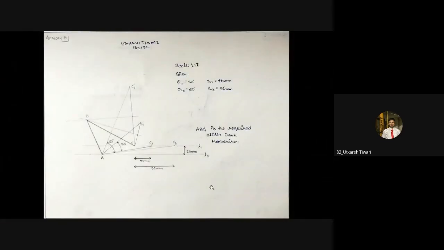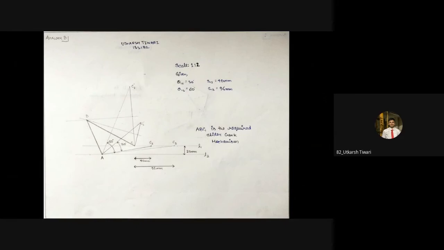First, we have to draw two parallel lines L1 and L2, 20 millimeters apart. Here in this sketch, I have chosen a scale of 1:2 so that the drawing can be done in my sheet easily. Then we have to take an arbitrary point A1 on the line L2.